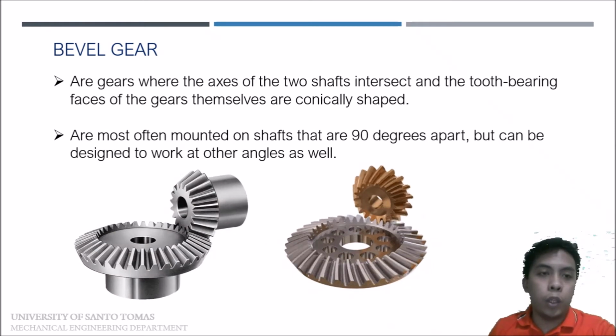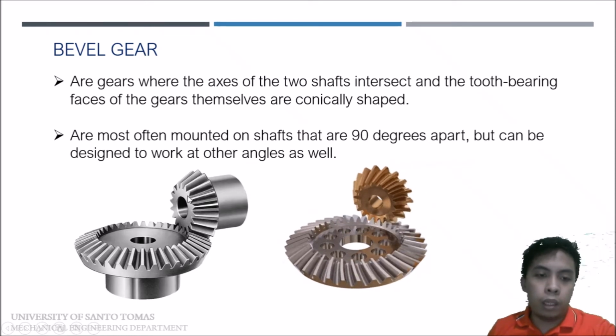Next, let's talk about bevel gear. Bevel gears are gears where the axes of the two shafts intersect and the tooth bearing faces of the gears themselves are conically shaped. So you can see here, our gear is no longer cylindrical; it is somewhat conical. They are most often mounted on shafts that are 90 degrees apart but can be designed to work at other angles as well.